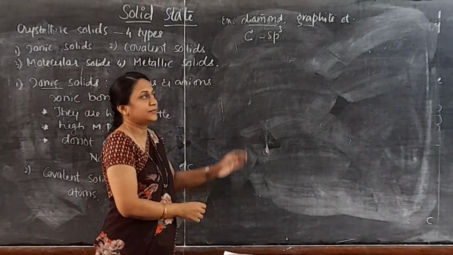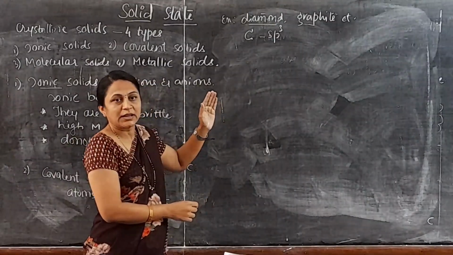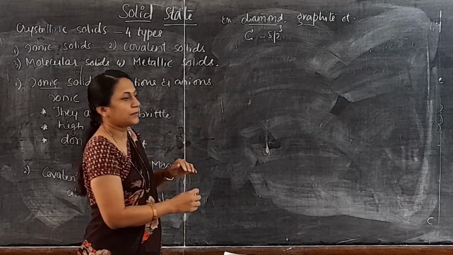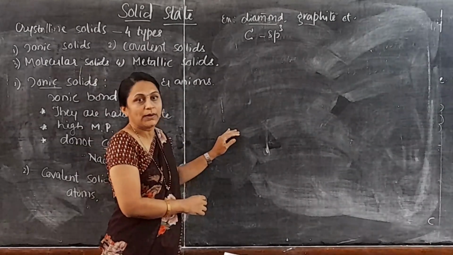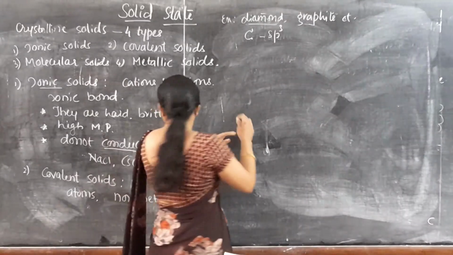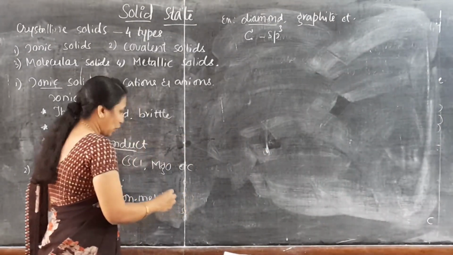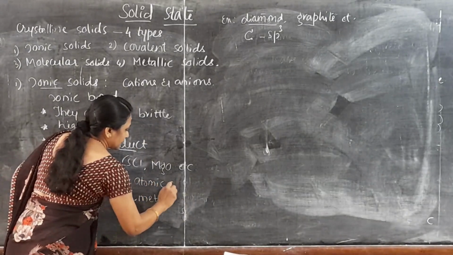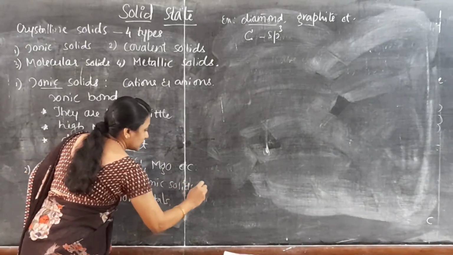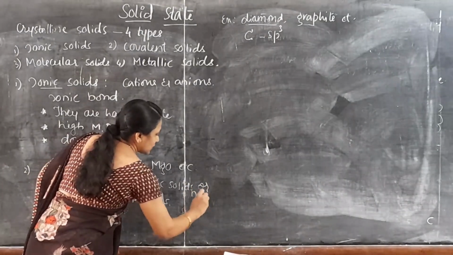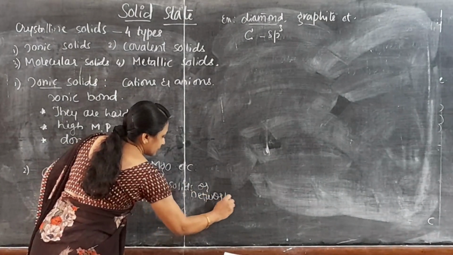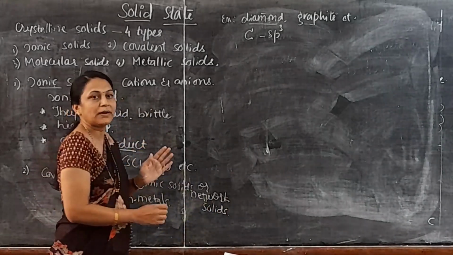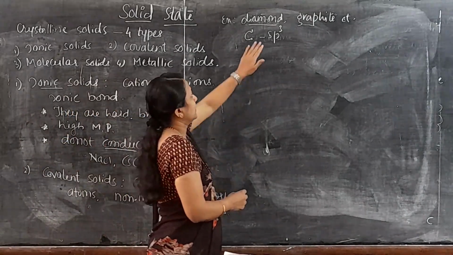Each carbon is tetrahedrally bonded to 4 other carbon atoms, and it is going to form a network. That's why these covalent solids are also known as atomic solids or network solids, because they form a three-dimensional network.